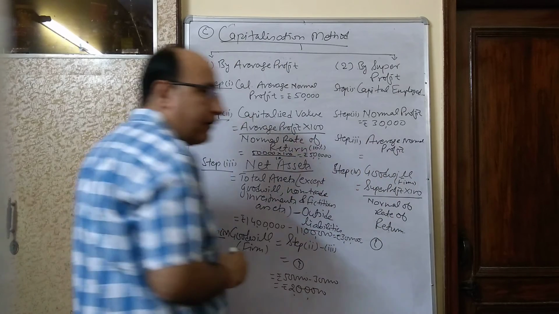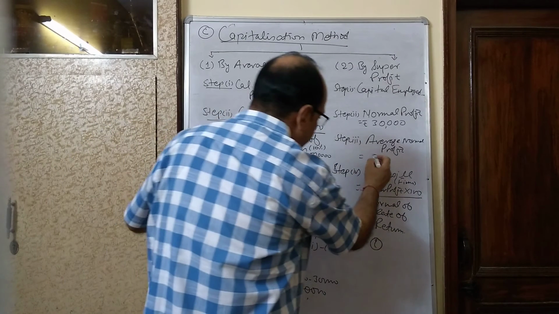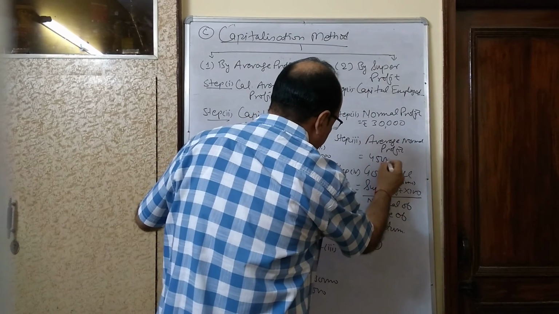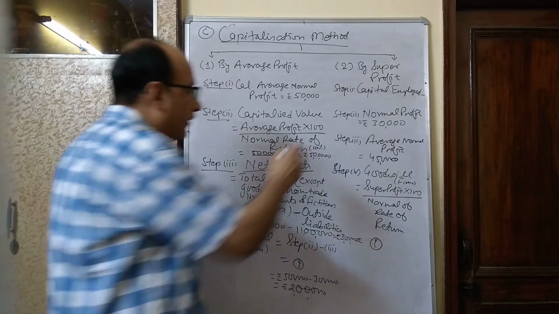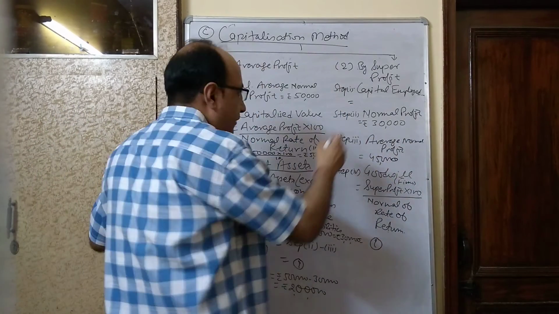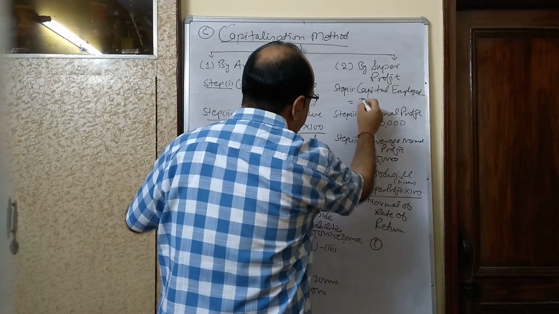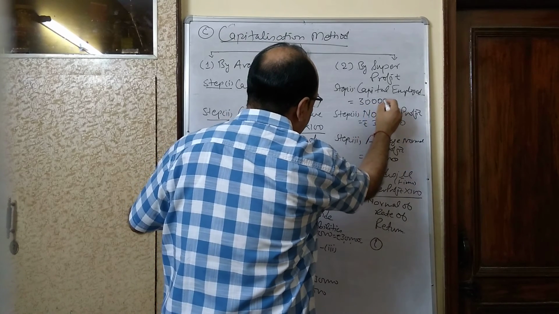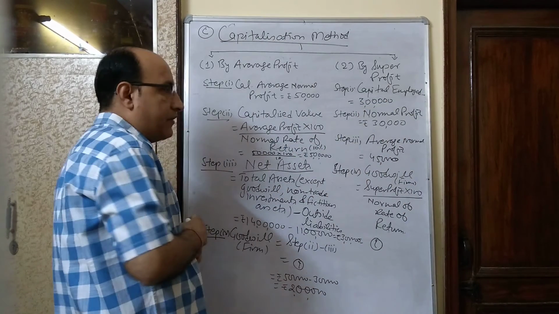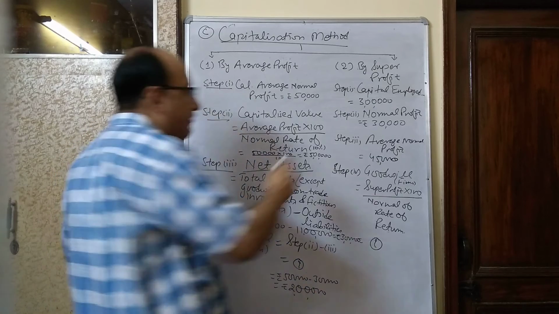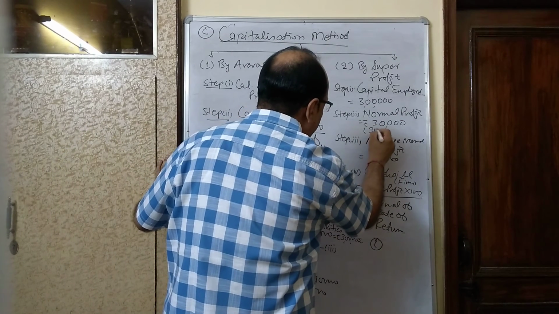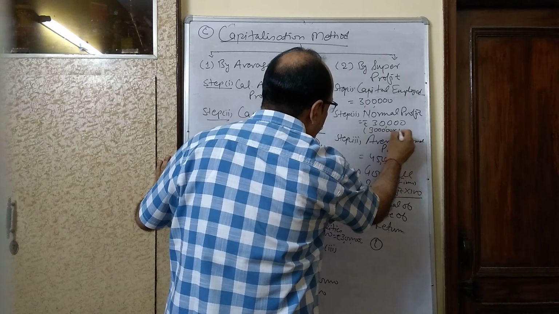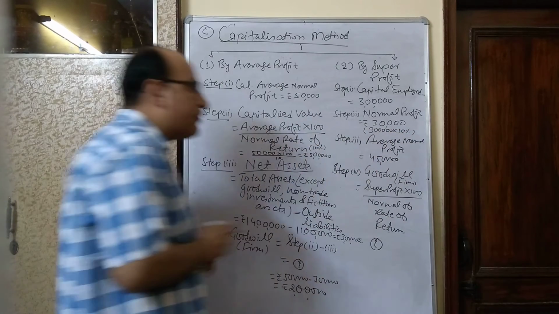Average normal profit in the question is given, say for example, 45,000. Capital employed, if I say that it is given in your question, is say for example, 3 lakh rupees. And my normal rate of return is given, say for example, 10%, right? So I have calculated this 3 lakh into 10%. So 30,000 is what? Normal profit.